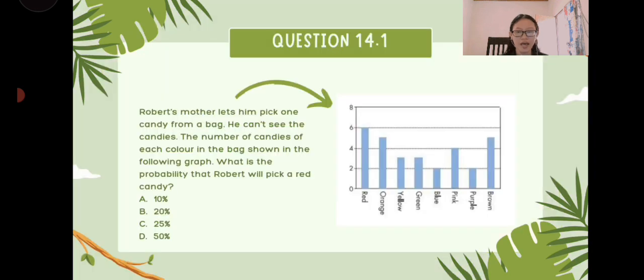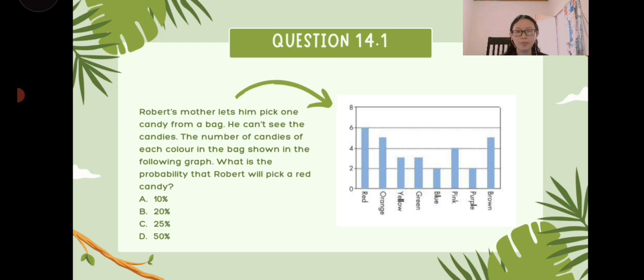Okay, next slide is the question. 14.1. Robert's mother lets him pick one candy from a bag. He can see the candies. The number of candies of each color in the bag is shown in the following graph.